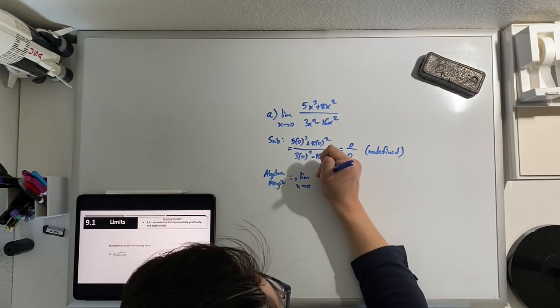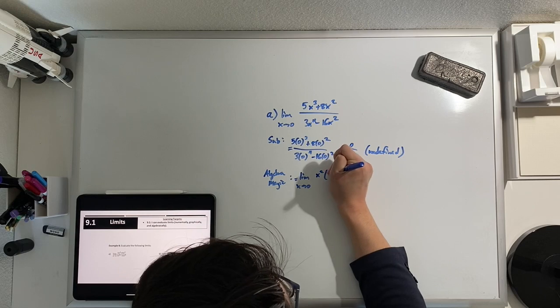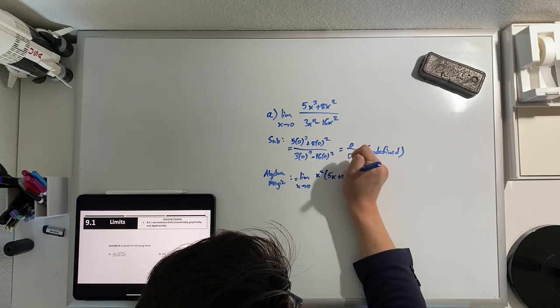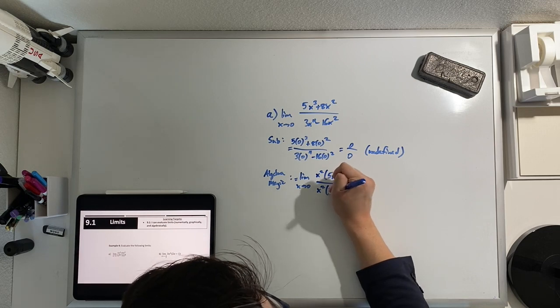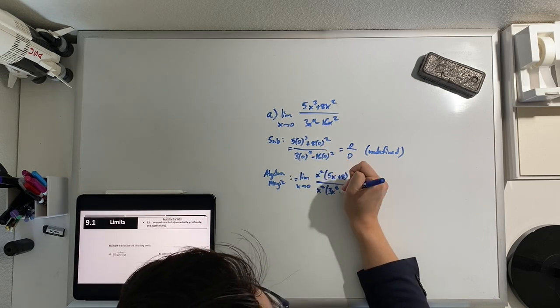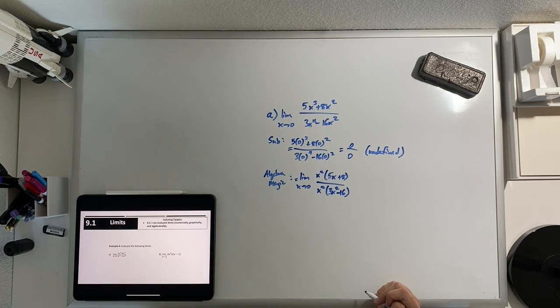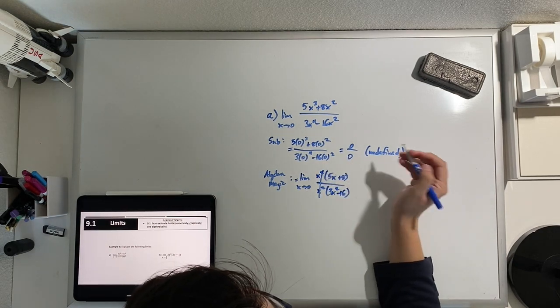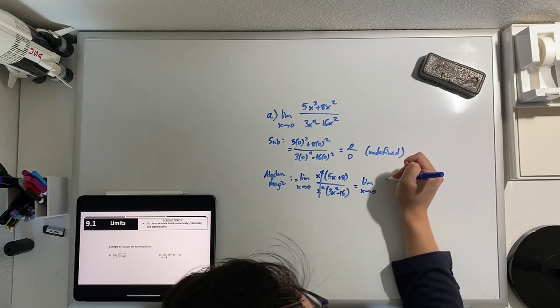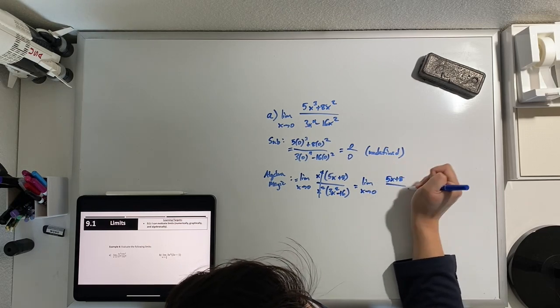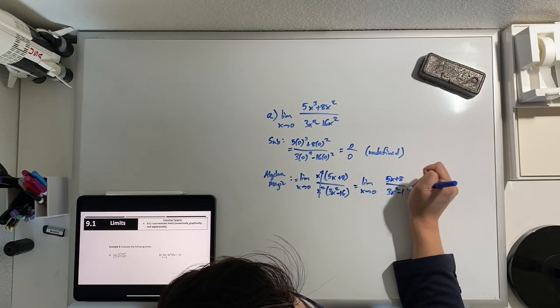In the numerator, we can factor out an x squared. And same thing in the denominator, actually. We can factor out an x squared, and we're left with 3x squared minus 16. So these x squareds cancel. We have the limit as x approaches 0 of 5x plus 8 all over 3x squared minus 16.